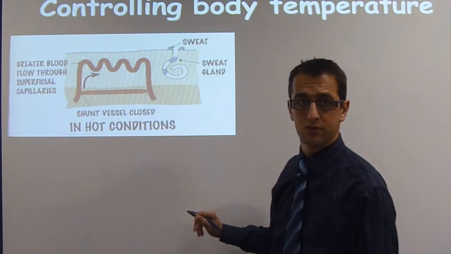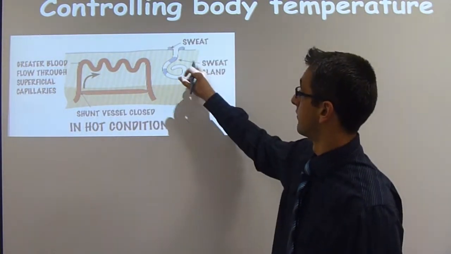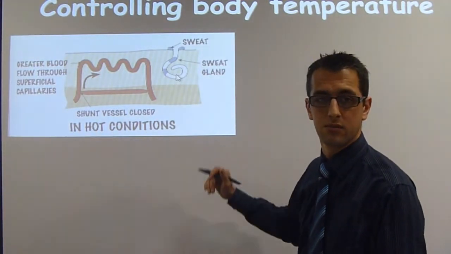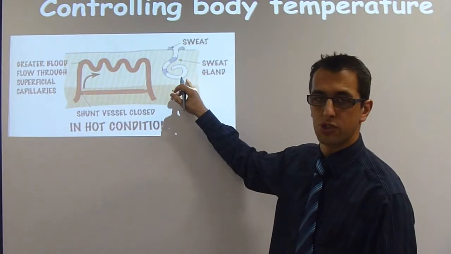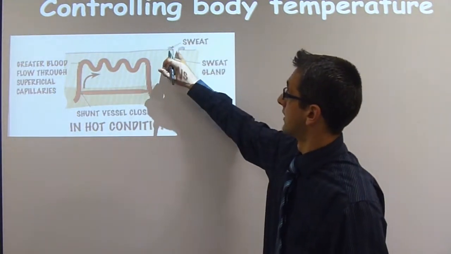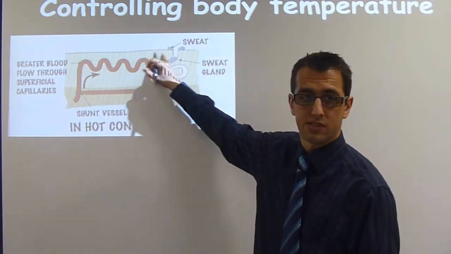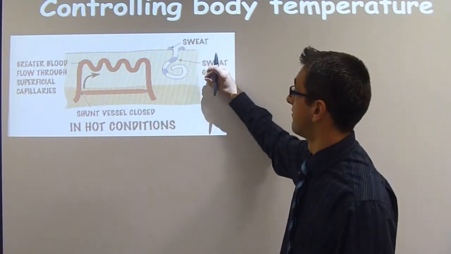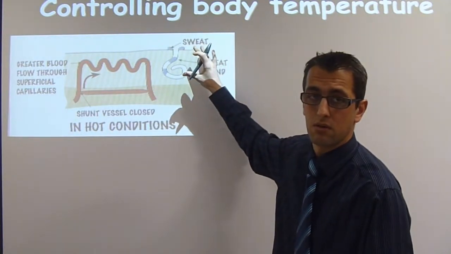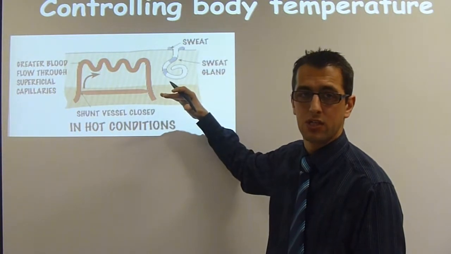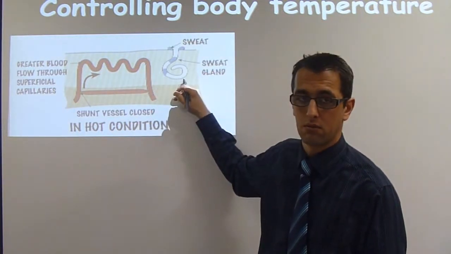A second response in hot conditions is for the sweat gland to be stimulated through that nervous communication system we discussed to start producing sweat. Sweat, being a liquid, comes out through the sweat pores and sits on the surface of the skin. And the energy taken to evaporate that sweat from the liquid to the gas state takes the heat energy from the body.